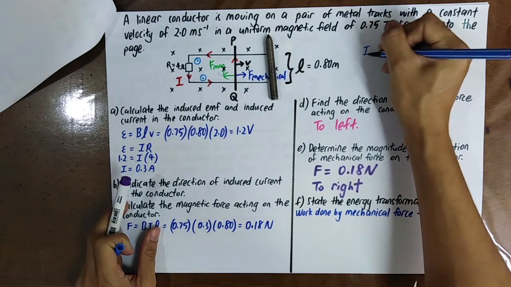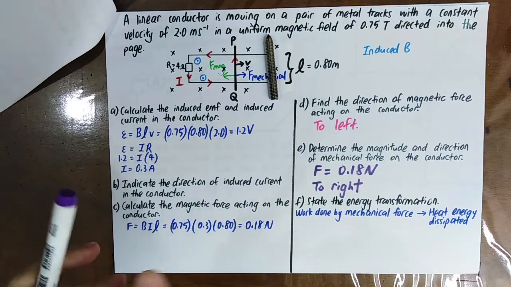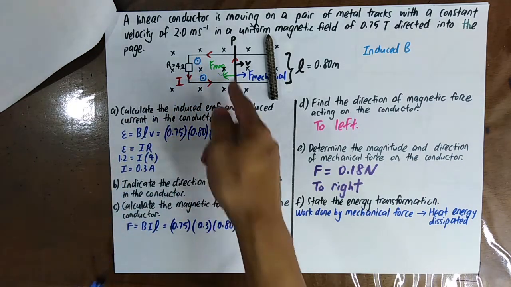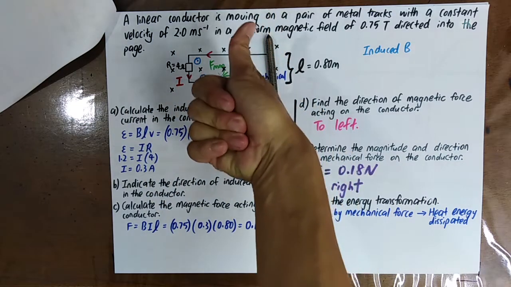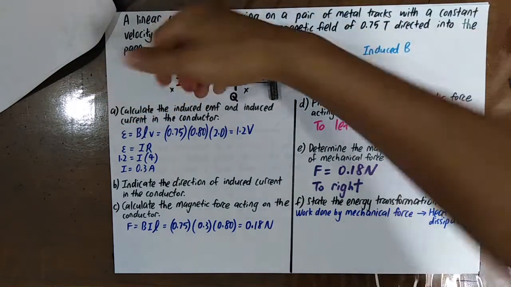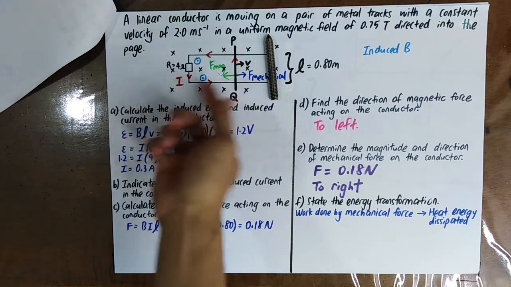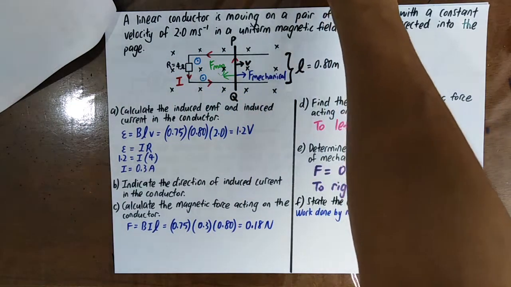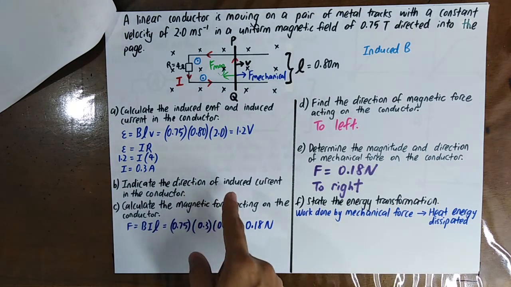In order to produce an induced magnetic field out of the page, the current should be in this direction, because by using your right hand grip rule, the induced magnetic field by the induced current is out of the page. So you already know how to get the direction of the induced current.